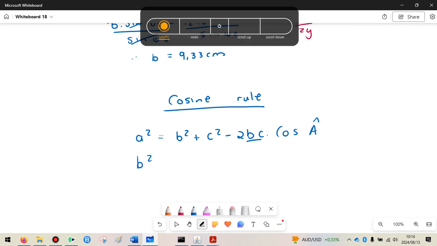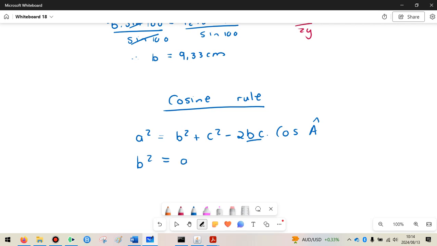Similarly, if you're looking for b, it's going to be a squared plus c squared minus 2ac cos of angle B. And if you were looking for side c, it would be a squared plus b squared minus 2ab cos of C.